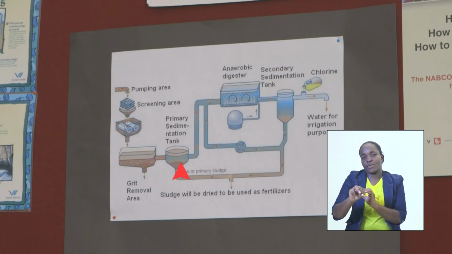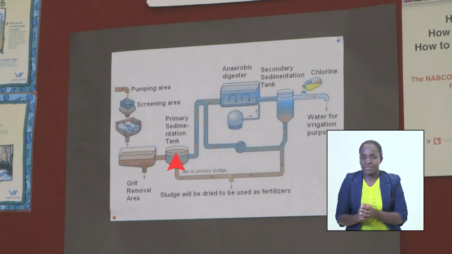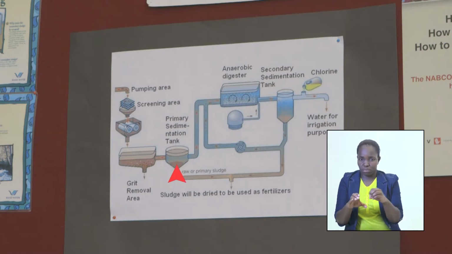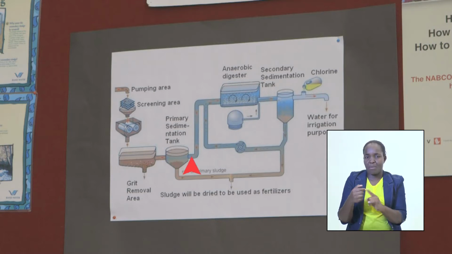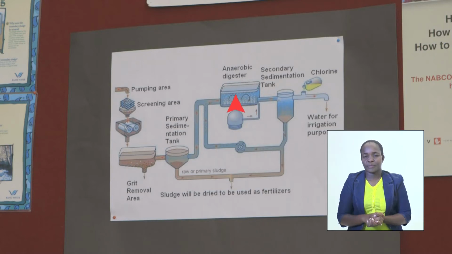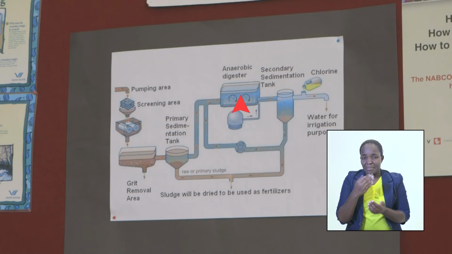In the primary sedimentation tank, solid matter forms a sludge, which is allowed to settle and then separated from the liquid waste matter. The sludge moves to the anaerobic digester, where it is digested by anaerobic bacteria. Methane and solid matter are produced during the process of anaerobic respiration.